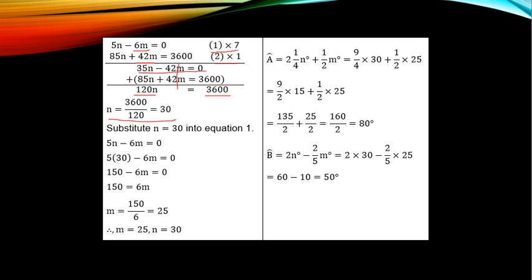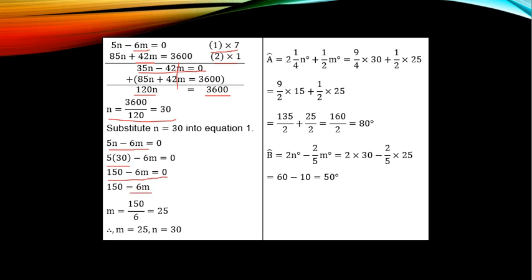So to get m, you need to replace n equal to 30 in equation 1. So this is equation 1. Where you are seeing n, you put 30, and in this form that is 150 minus 6m equal to 0. If you take minus 6m to the right, it becomes plus 6m.